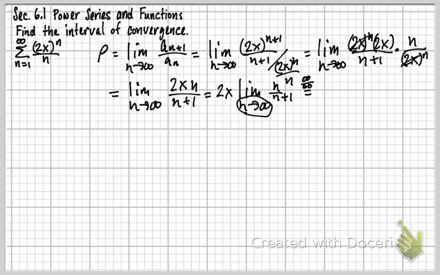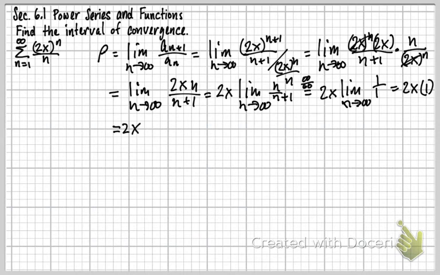So that's going to be 2x times the limit of 1 over 1, which equals 2x times 1, which is 2x. So there's our answer for this one so far.